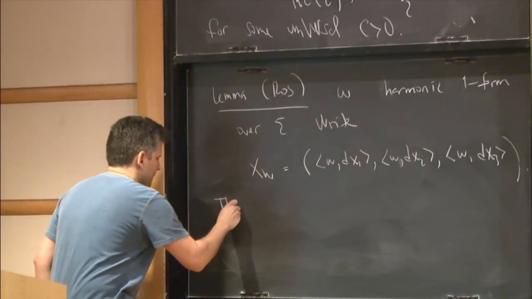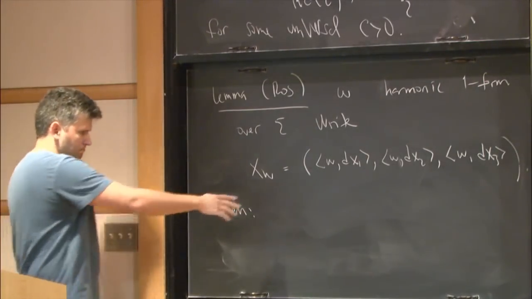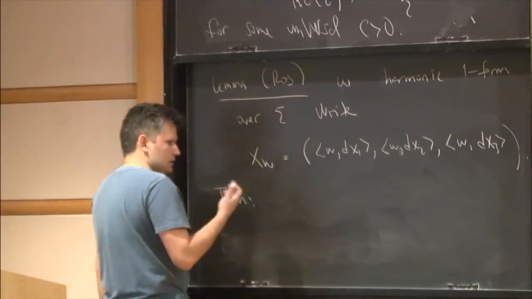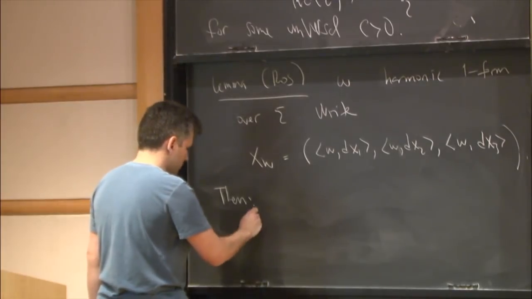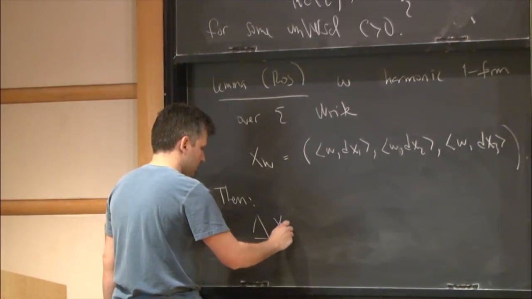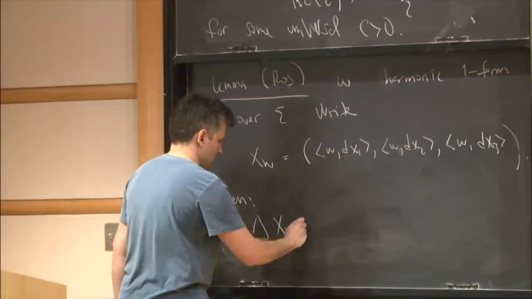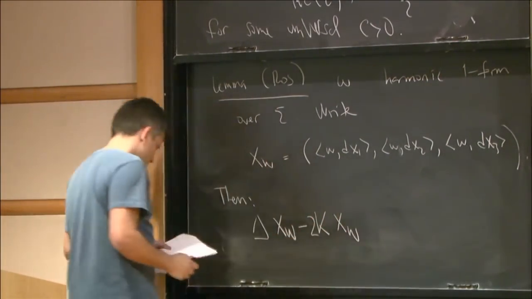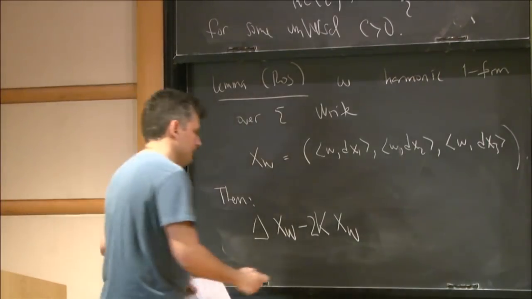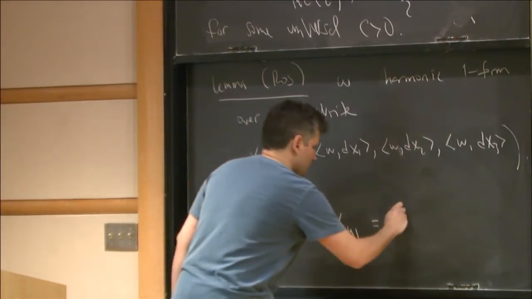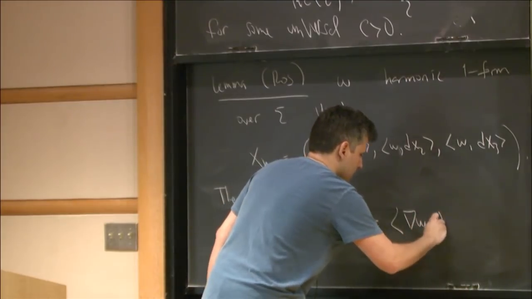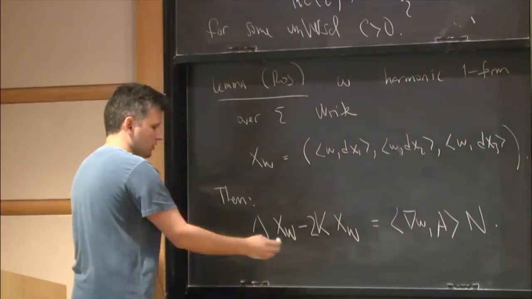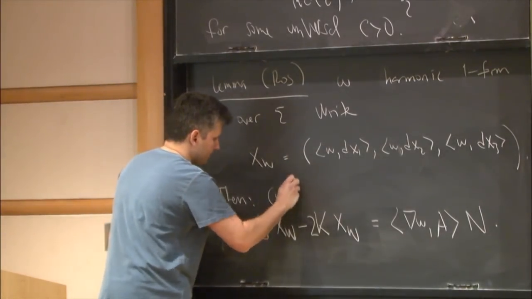Then he showed that this vector field satisfies the following Bochner type inequality: the Laplacian of this minus 2k times that is equal to W dot A. Note this is a vector equation.